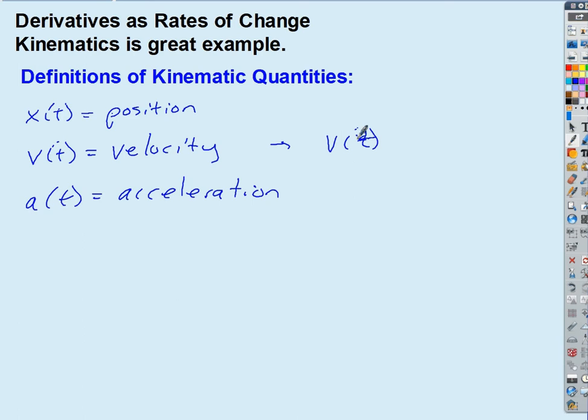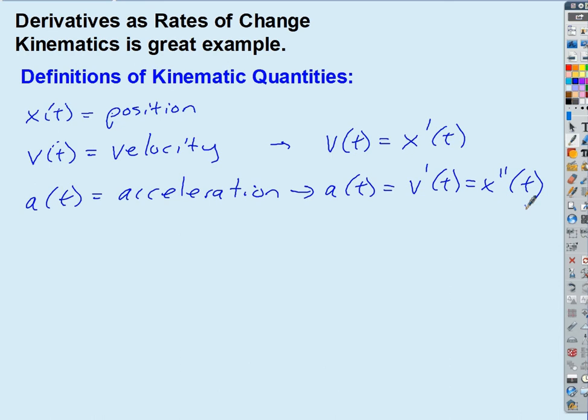Yeah, that's better. What's v of t in terms of x of t then? What's our calculus relationship? It's x prime. Okay. Right, velocity is the derivative of position. What's acceleration? x double prime. Okay, so the derivative of velocity, which is the second derivative of position, right?